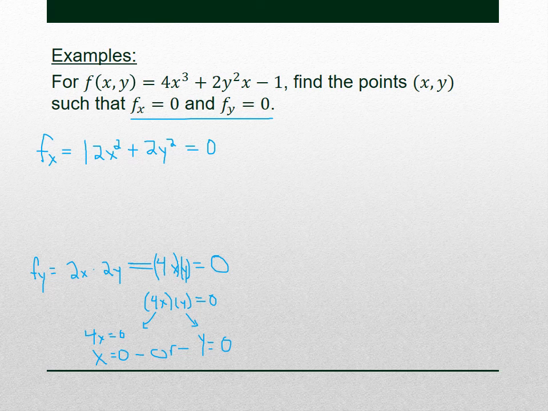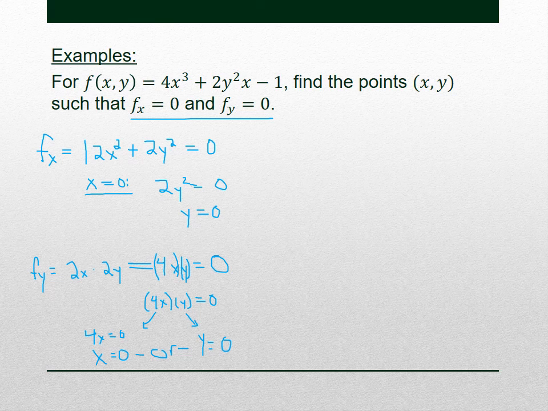But now let's go up to fx. If fy is going to be 0, then let's first take the case where x equals 0. So what we'll do is plug x equals 0 in and figure out when x is 0, what y we get. Well, when we plug in x equals 0, the 12x squared goes away, and we're left with 2y squared equals 0.